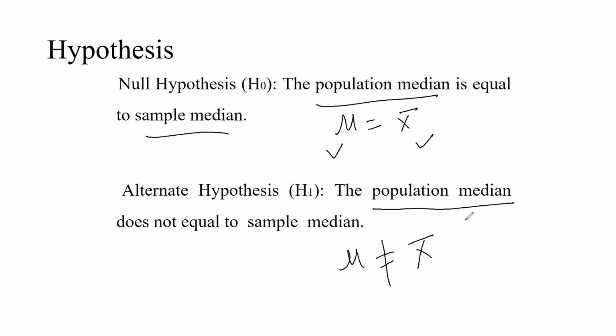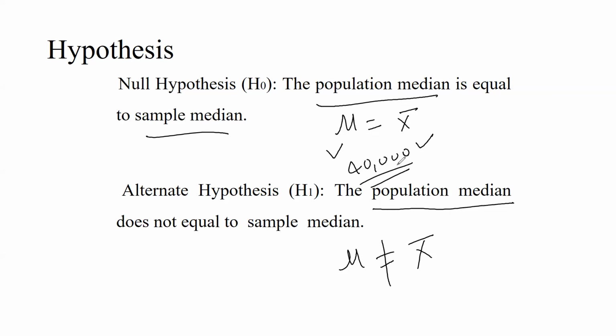If the average life of the tires is near 40,000, we can say the company is claiming right and speaking the truth.